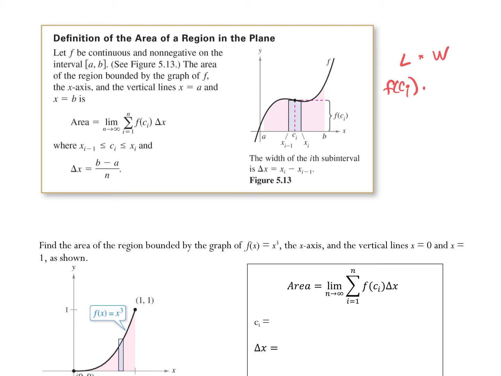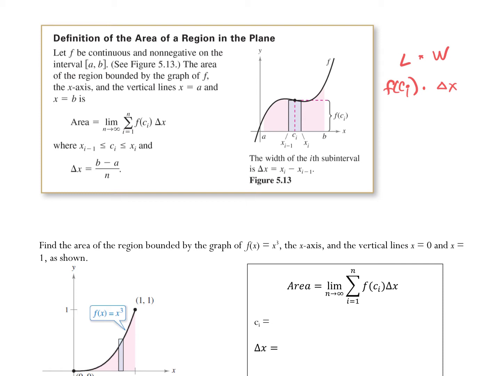Times, what's the width of all of the rectangles? Delta X. So if I want to find the area in between two values, essentially what I'm trying to find is the sum of all these itty-bitty, infinitesimally small width rectangles. In other words, I want delta x to approach 0.